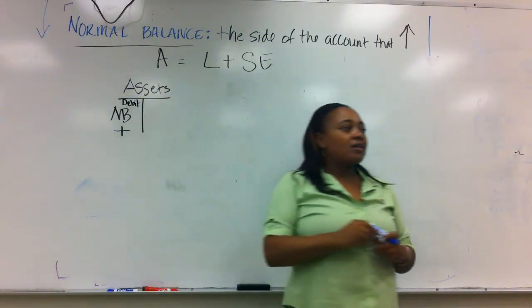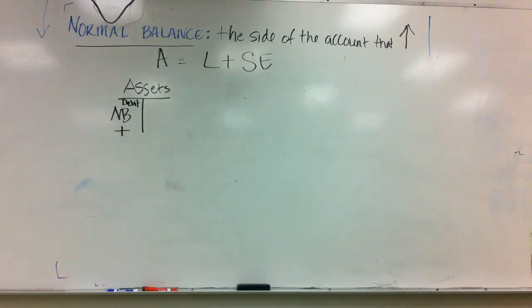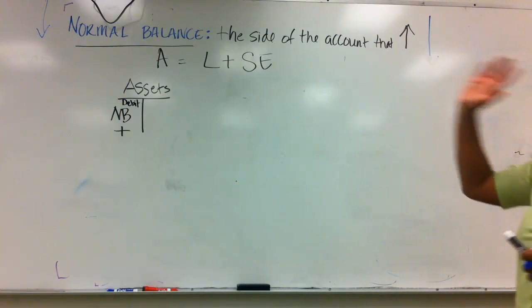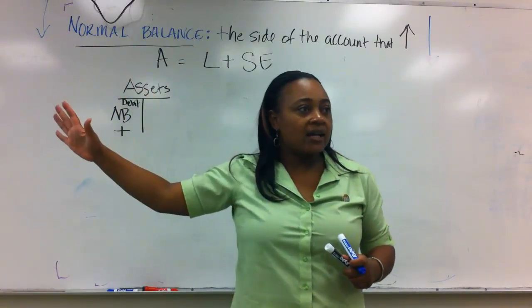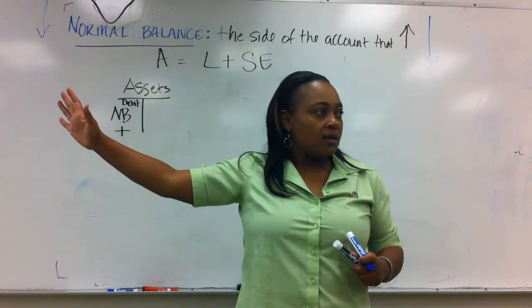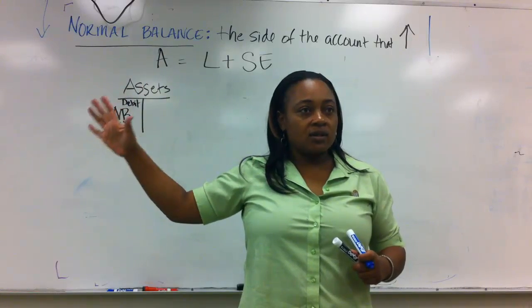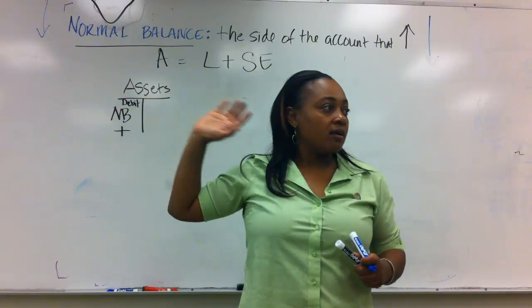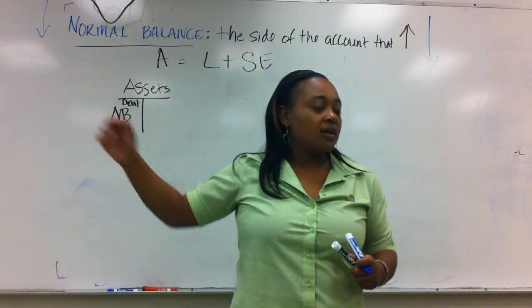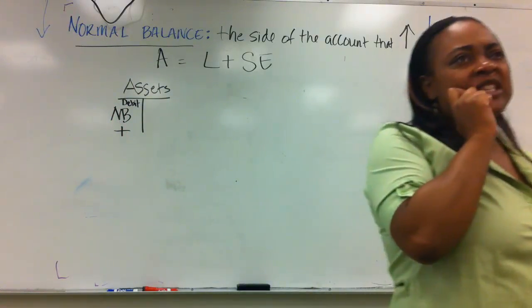So for all normal assets, the normal balance for asset accounts is going to be on the left side, the debit side. So asset accounts, just regular asset accounts, have a normal balance of what? Debit.